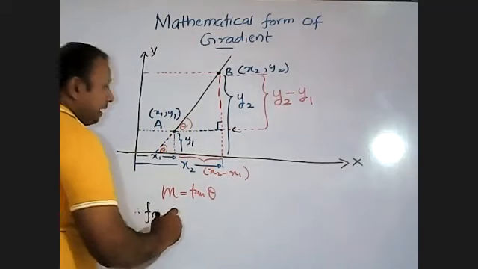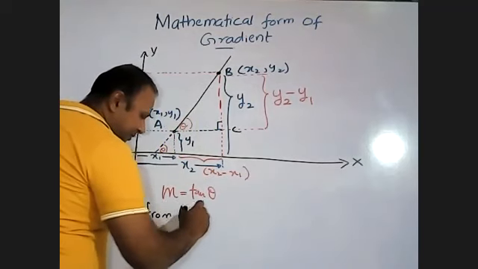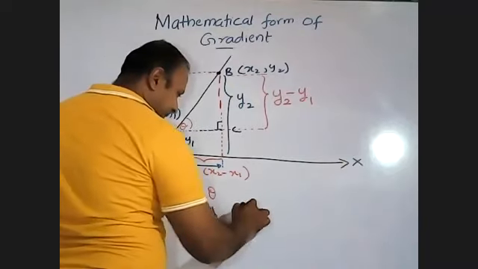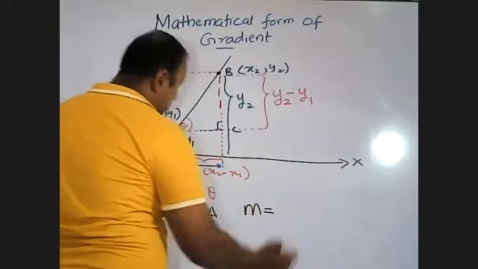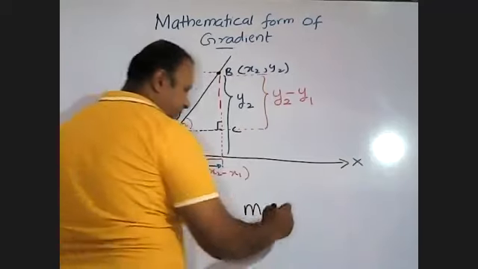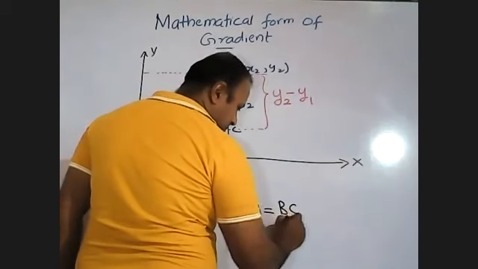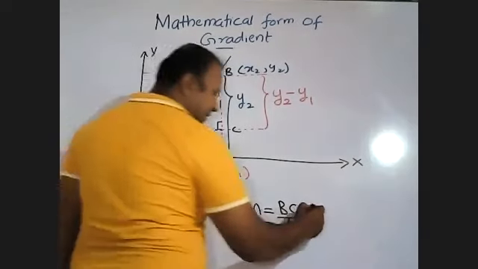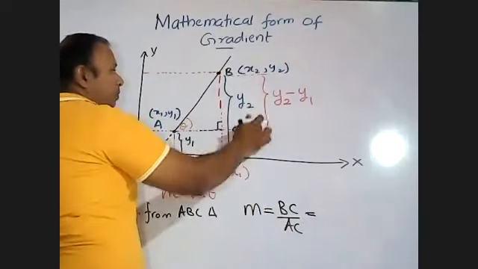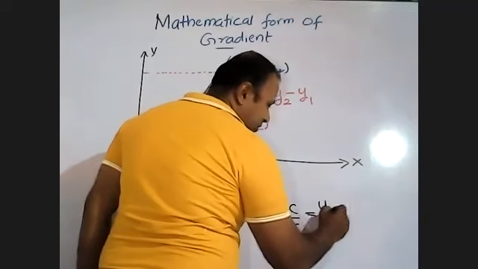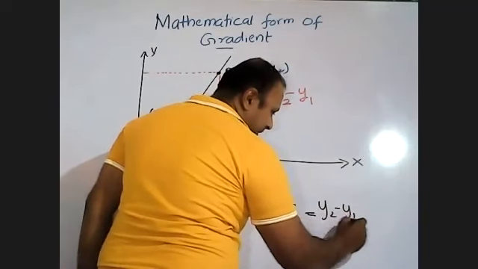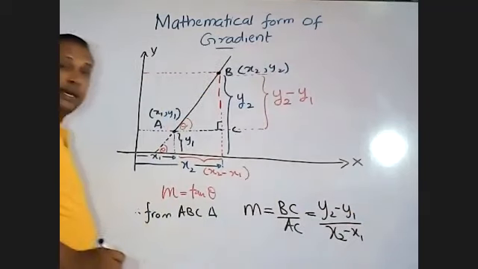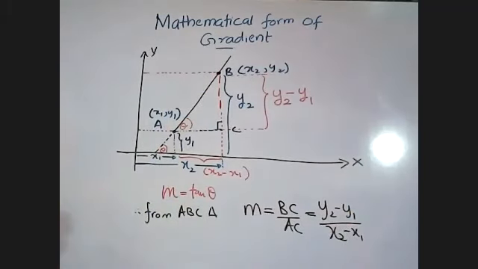Therefore, from the ABC triangle, we can clearly see m is equal to BC over AC. BC is equal to y2 minus y1, AC is equal to x2 minus x1.